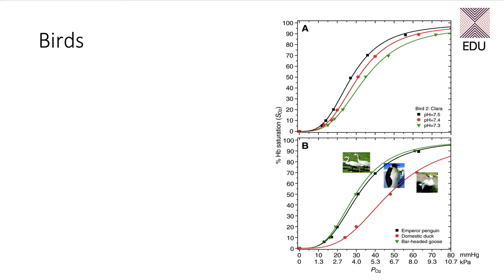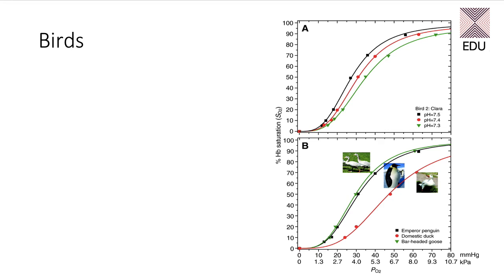So the Hb saturation is achieved in lower times and up to higher levels at pH 7.5. If pH is decreased at the red one, the Hb saturation decreases. At the green one, it again decreases as pH is further decreased to 7.3. So that clearly suggests that the decrease in the pH can decrease the percentage hemoglobin saturation in the bird Clara.